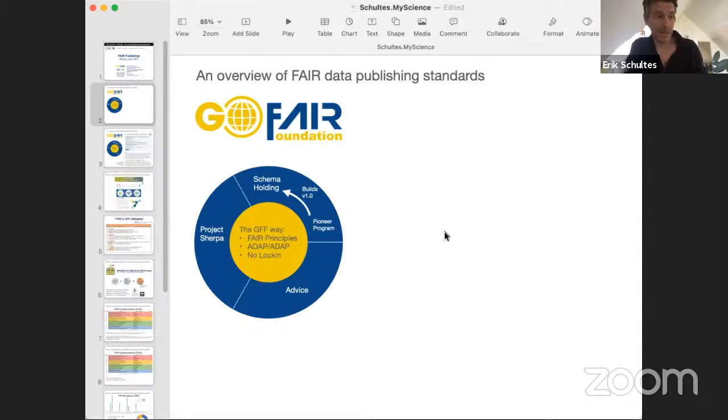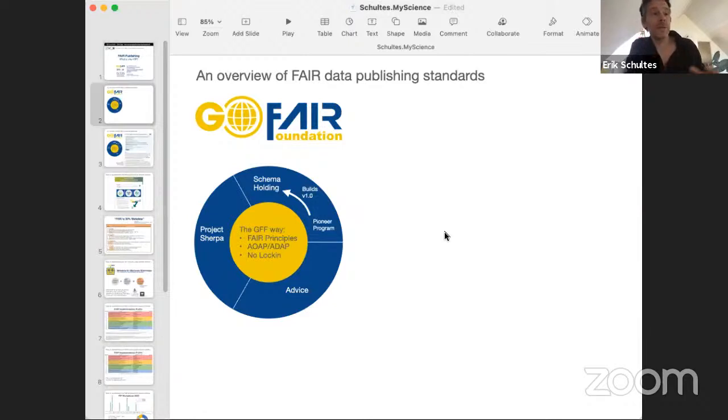It is really a task left to those domains that know best the standards and implementation choices that they want to make. But Go Fair is here to support that decision-making process to reach the highest levels of fair possible.